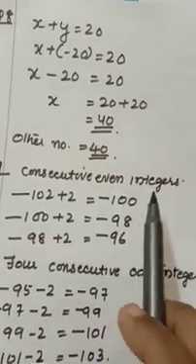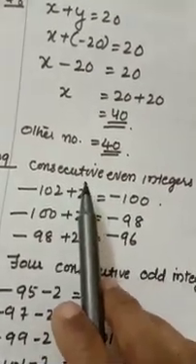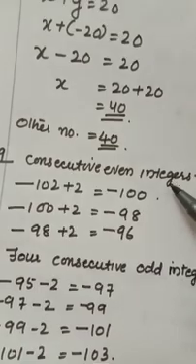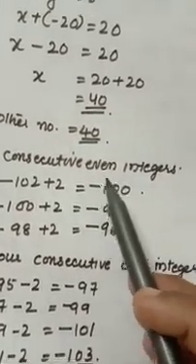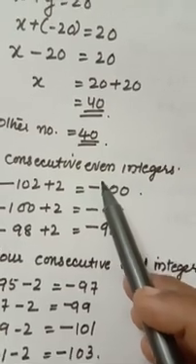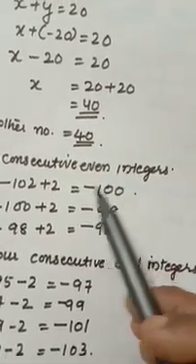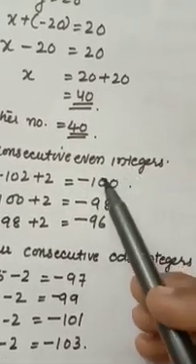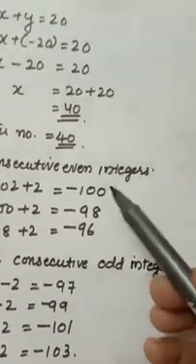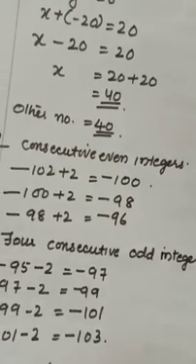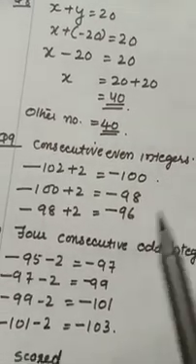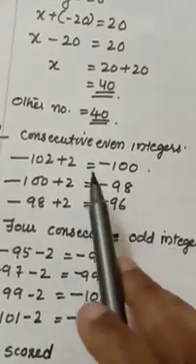Now consecutive even integers. Consecutive means just the next number. Even numbers you want. Even number difference is always 2. If 2 is one even number, then the next even number is 4. How are you getting it? 2 plus 2. After 4, which is the next number? 6. How are you getting it? 4 plus 2, 6. That means the difference of consecutive even numbers is 2.